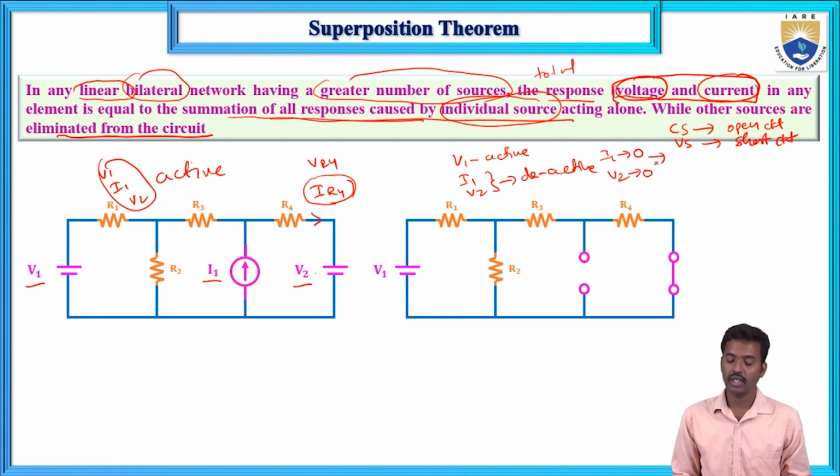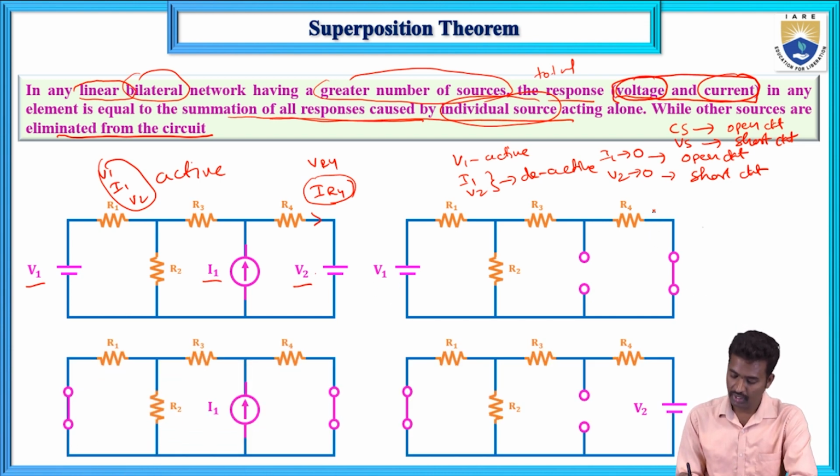The current source value is 0 when it is an open circuit, since open circuit current is always 0. When a voltage source value is 0, it is a short circuit, since short circuit voltage is 0. So the voltage source is replaced by a short circuit, the current source is replaced by an open circuit, and V1 is active alone. Now calculate this IR4 dash.